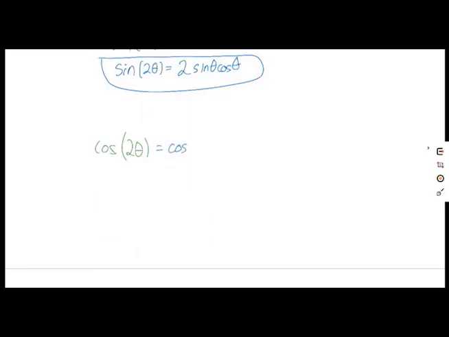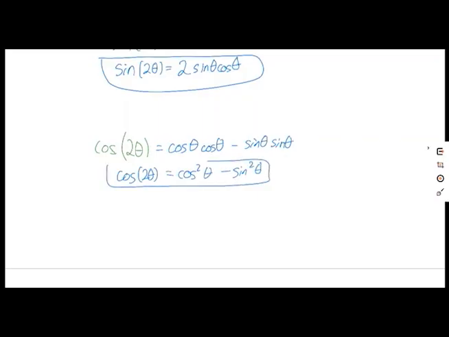My first one, using cos alpha cos beta minus sine alpha sine beta, gives cos theta times cos theta minus sine theta times sine theta, which gives cos squared theta minus sine squared theta. That's probably the most common one that we'll use, but not necessarily.